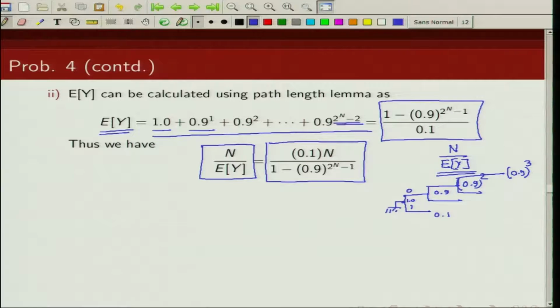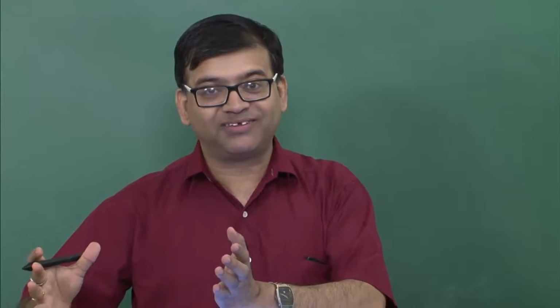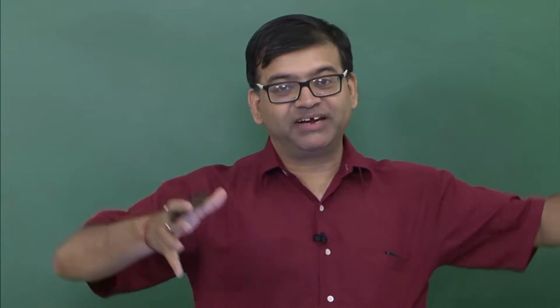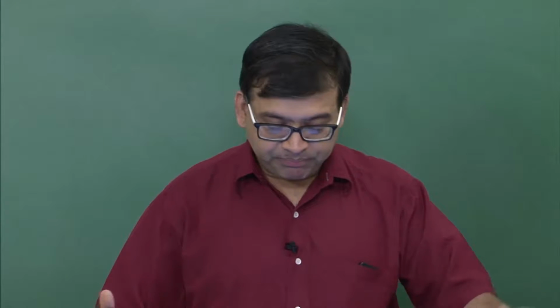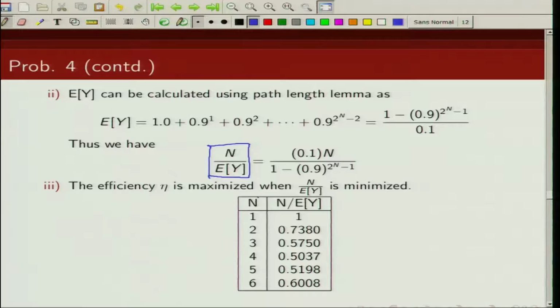Now the third part of the question says, what is the value of n for which we get maximum efficiency? And of course we will get maximum efficiency when this ratio is smaller, because we want to compress a large block of data; remember we are doing variable to block length coding, so the output block length is fixed. So we will get more compression if we are able to combine larger blocks of data into this block of length n. So we evaluate this ratio for various values of n.